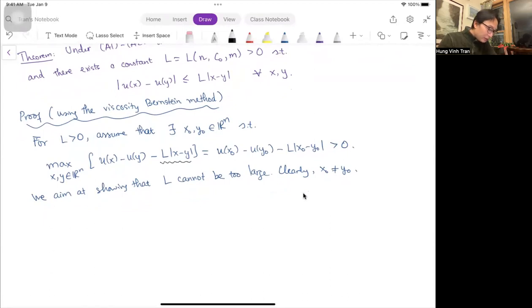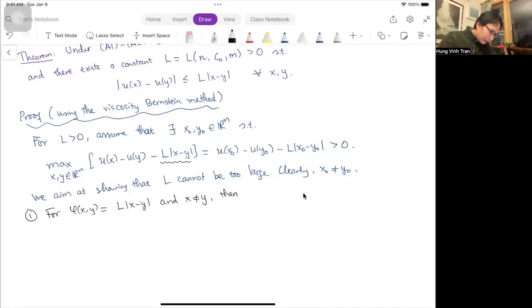So we need to do a bit of computation. For the function, let's call it phi of (x,y) equals L times |x minus y|, and if x is not equal to y, then we can differentiate.